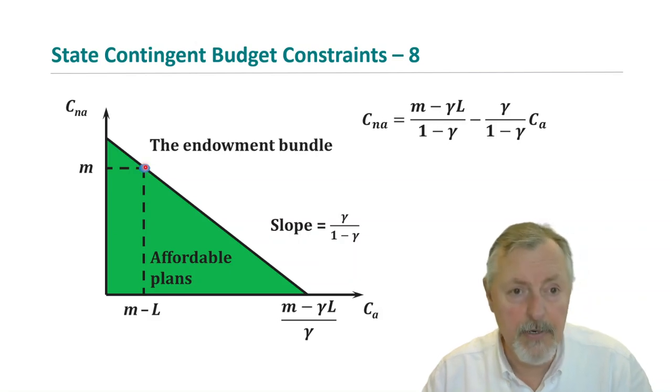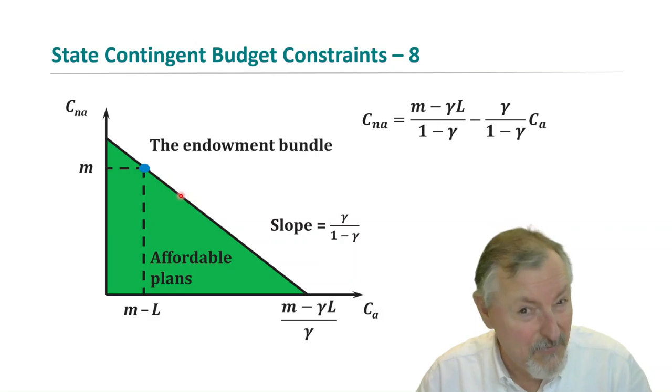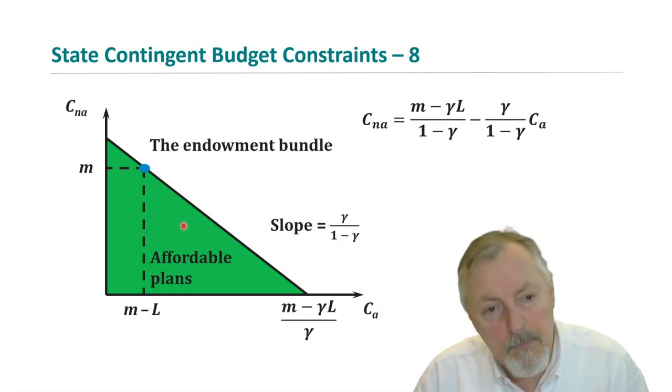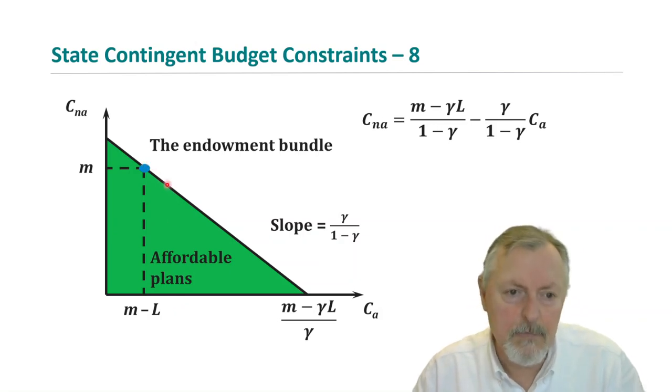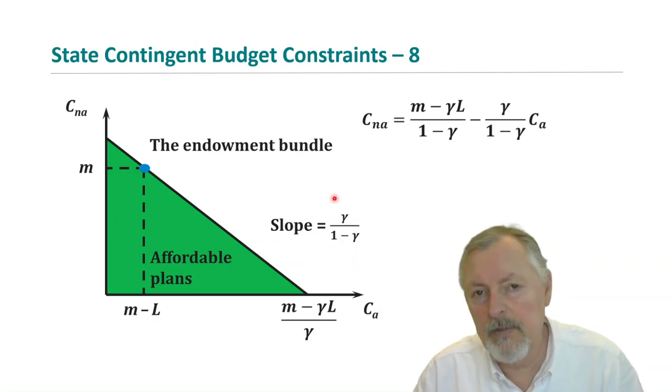This is the bundle that they start with. You can choose to buy insurance, moving this way. So you end up with, because you're paying for the insurance, paying the premium, less money if there's no accident, but more money if there is an accident. The slope of the indifference curve is the premium rate divided by 1 minus the premium rate.